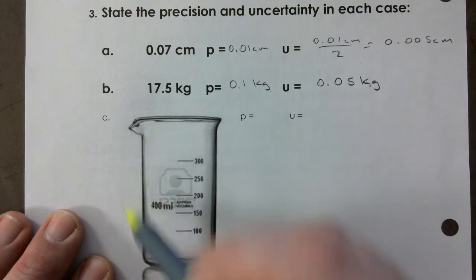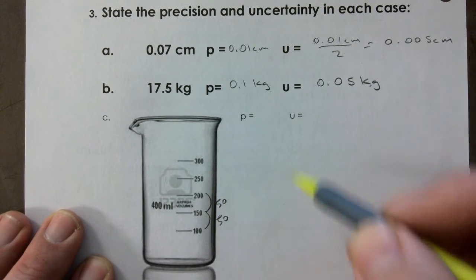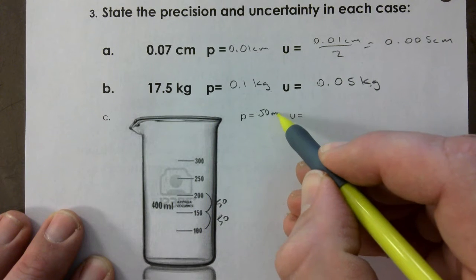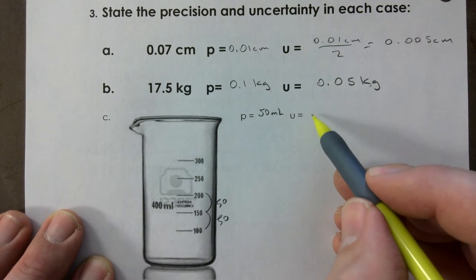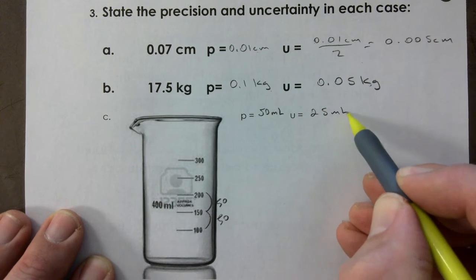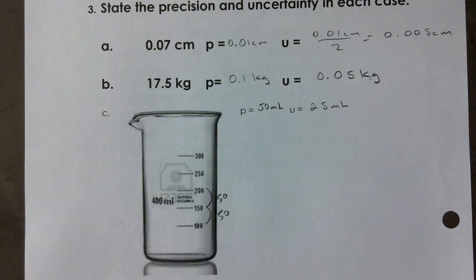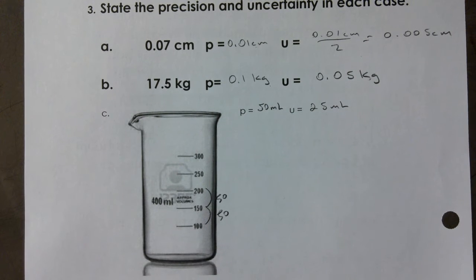Based on the image here, my precision, I'm going up by 50 every time. That's very easy to pick out. So 50 ml is your precision. Your uncertainty is 25 milliliters. So that's how you read these things. Be careful, read that image carefully.